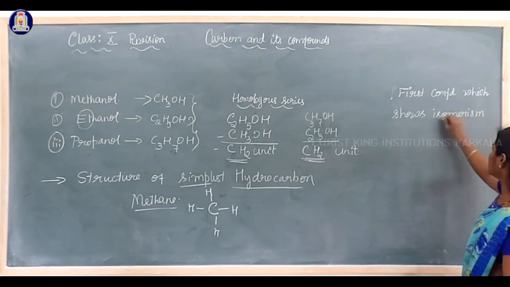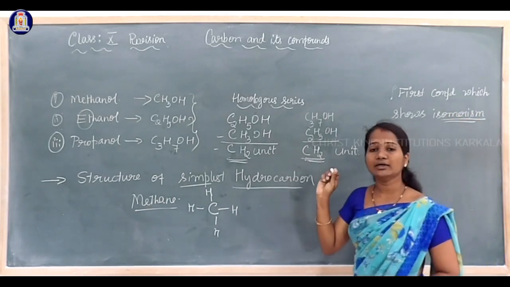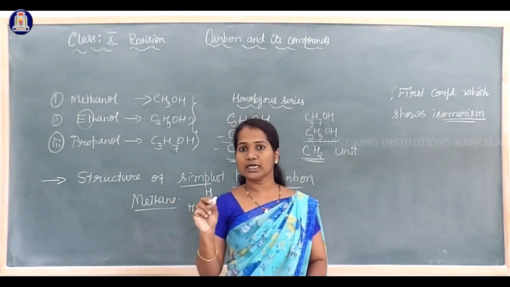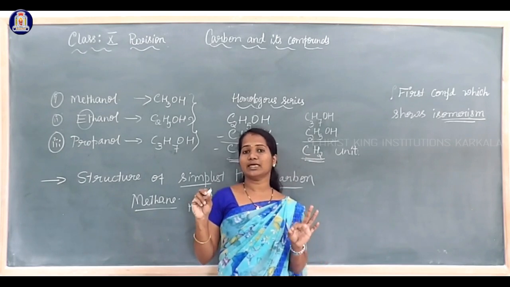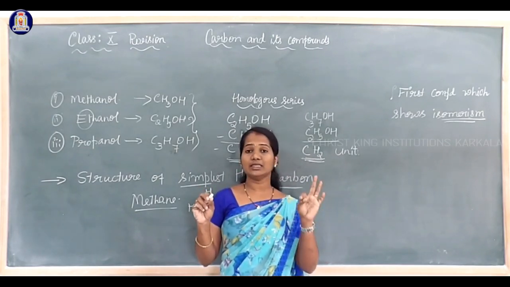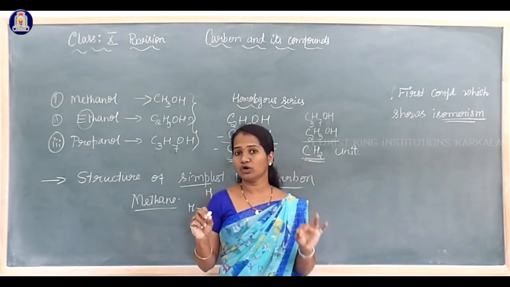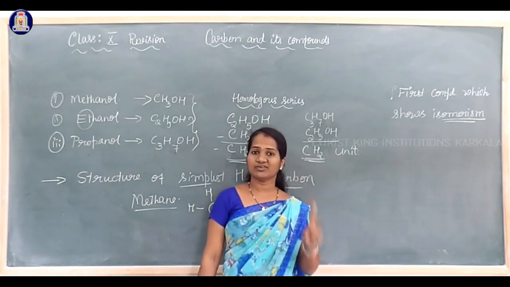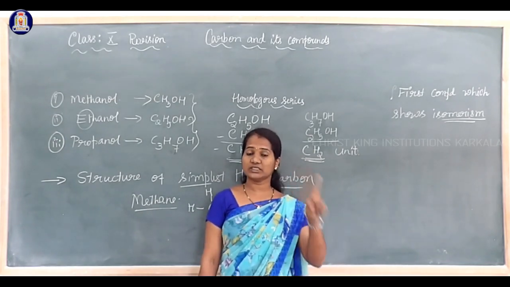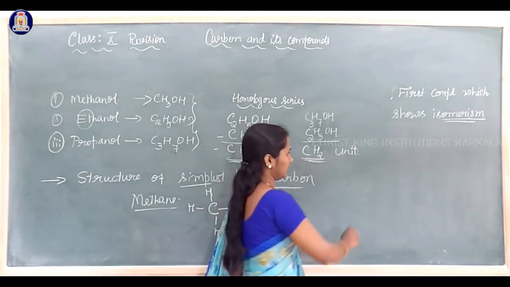We can't write isomers for methane. It is impossible to write isomers for ethane as well as methane, and propane. We cannot write any isomers. So isomerism starts with the first compound, butane.